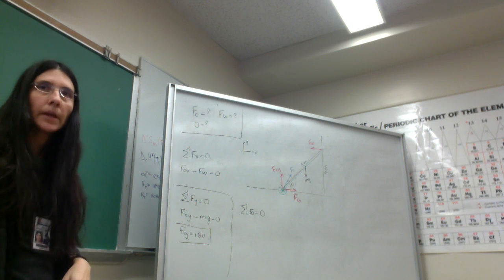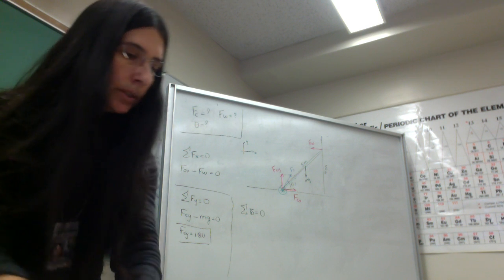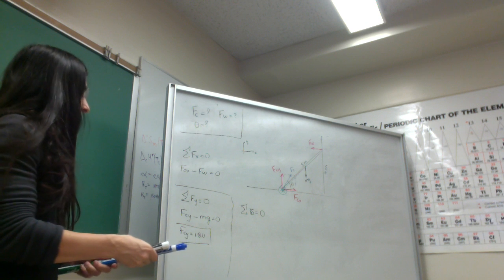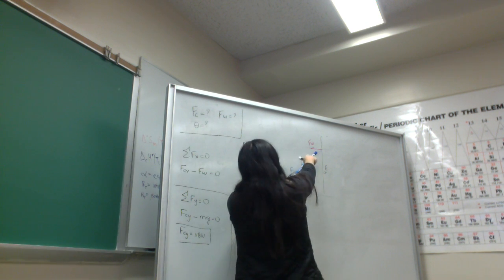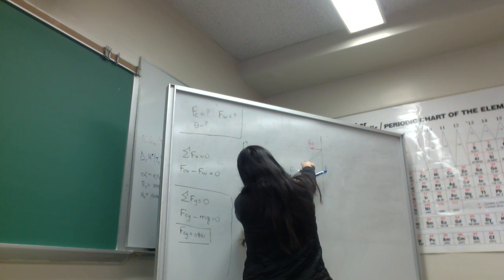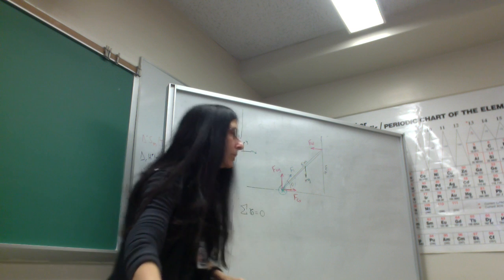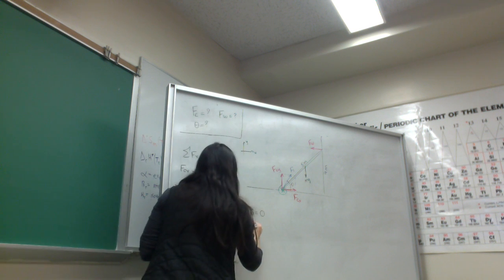FCY and FCX. And now comes an issue here. So here's the ladder. mg is trying to go what? Clock or counter? Clockwise. Okay, so I'm going to put negative mg.